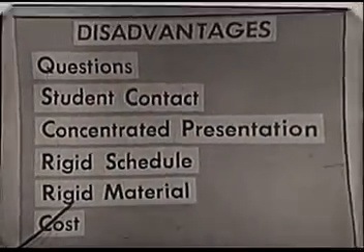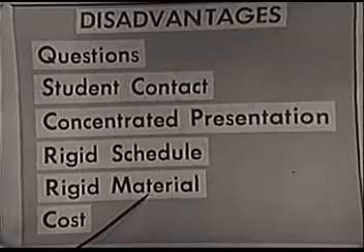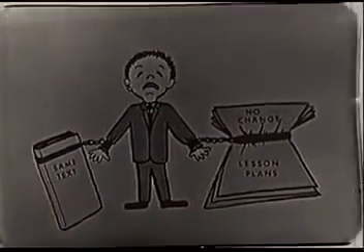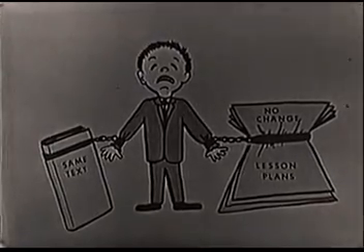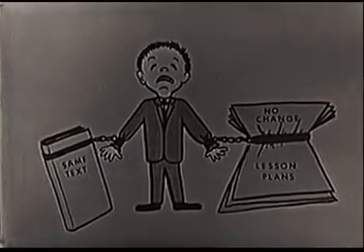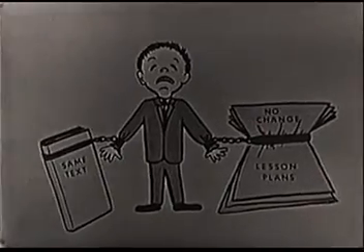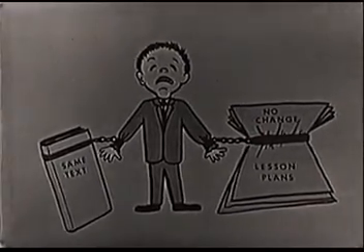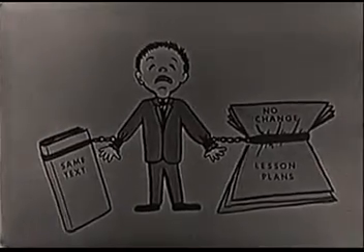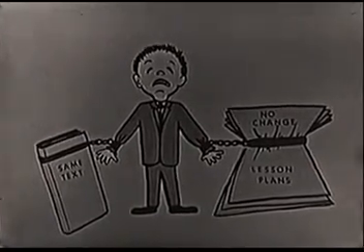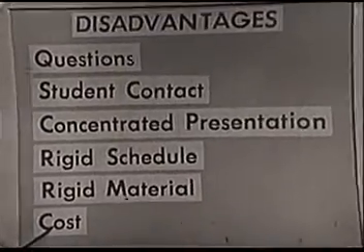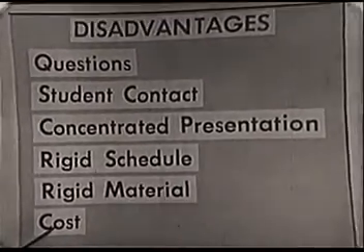Next, rigid material is listed as a disadvantage. As illustrated here, we simply mean that although individual lessons can be changed by retaking, a complete series is tied to a specific text and a specific course outline. Then, finally, cost is a factor which would be listed as a disadvantage.